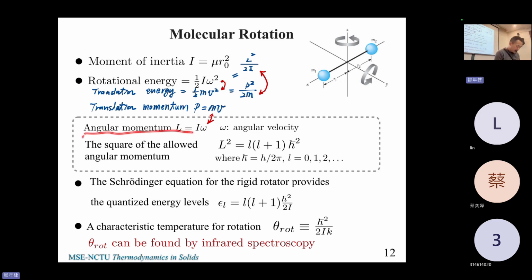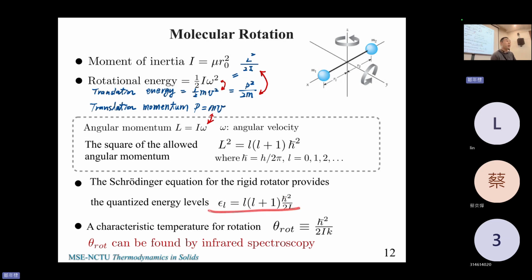So angular momentum is I omega, right? Now, let's get into the quantum mechanics. When quantum mechanics solves the Schrödinger equation for the rigid rotator, the quantum energy level epsilon L equals L times L plus 1, times h bar squared over 2I.